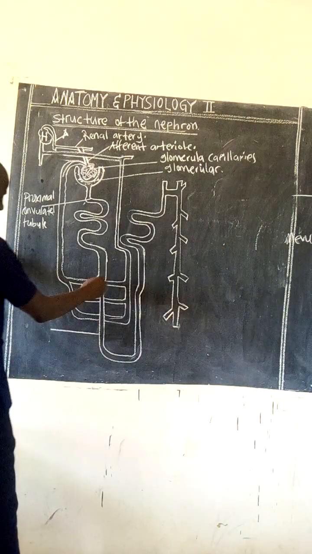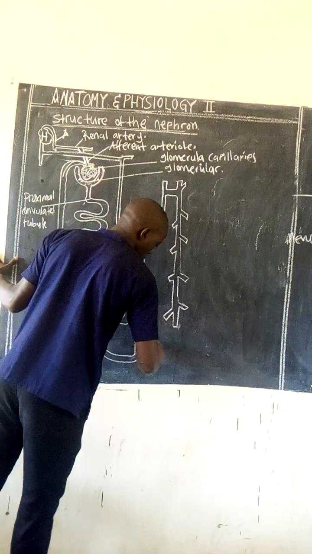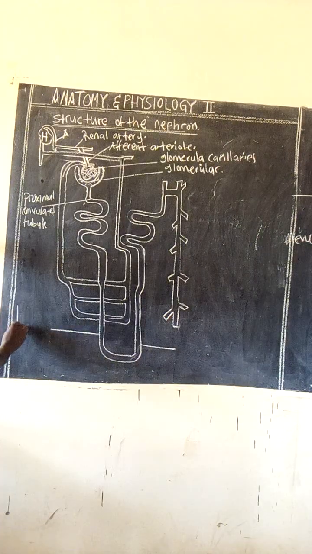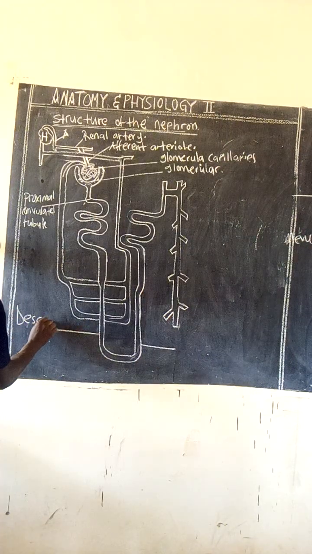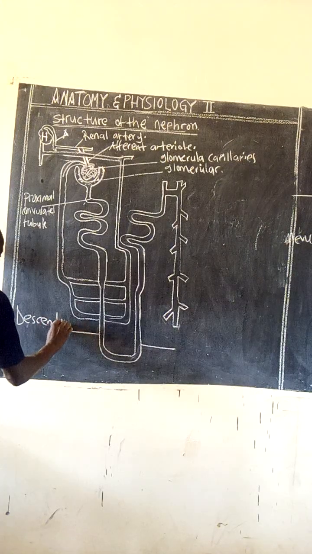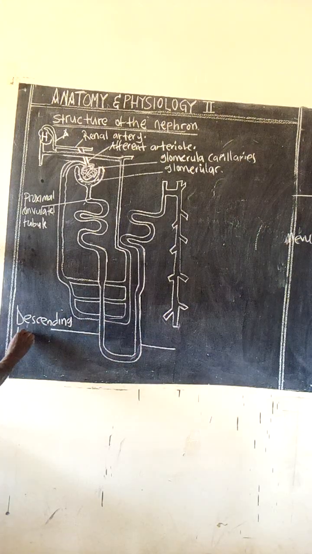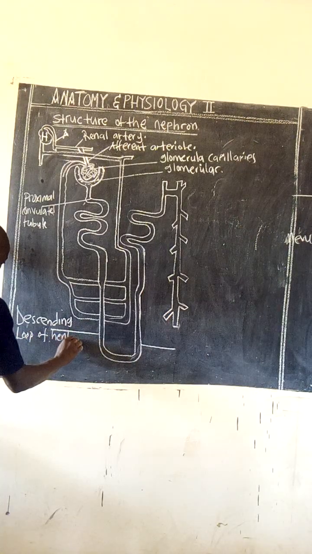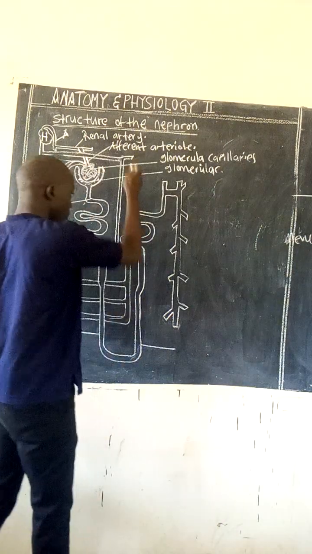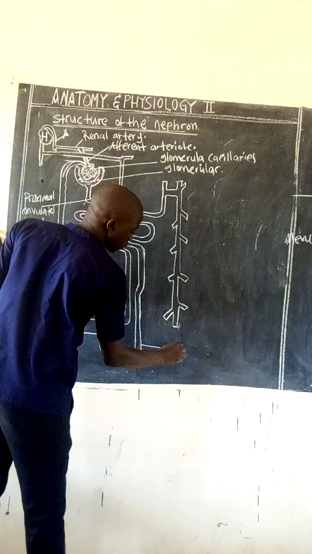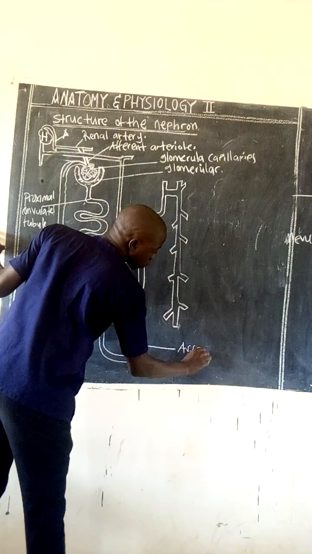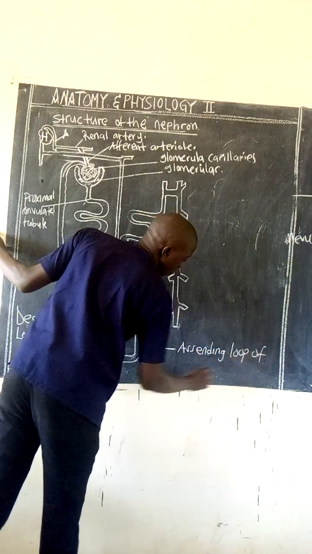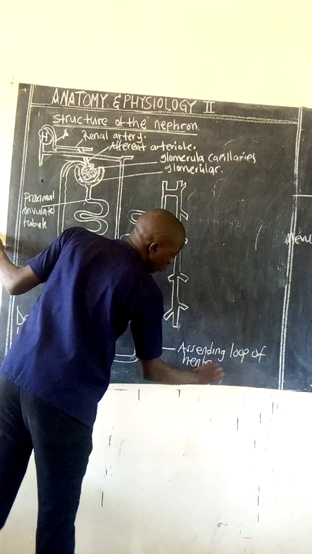So we have the loops of Henle, which are two. We have the one that is going down, we call it the descending loop of Henle, and the one that is going up, which we call the ascending loop of Henle.